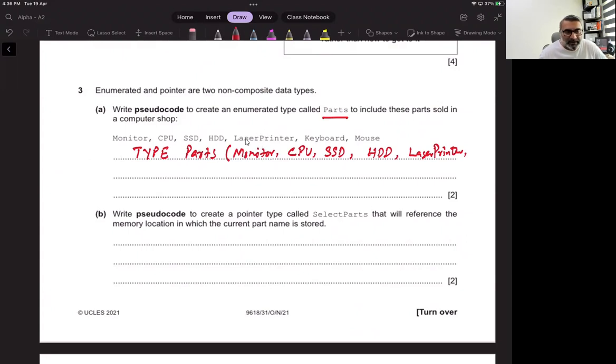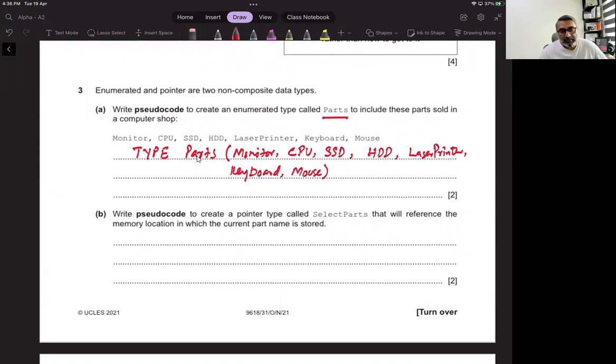So whenever you put a value inside a list, make sure that those values do not have any space. Keyboard and mouse. All right, so this is basically the type, enumeration type, non-composite. Non-composite means those types which are not made up of any other types.